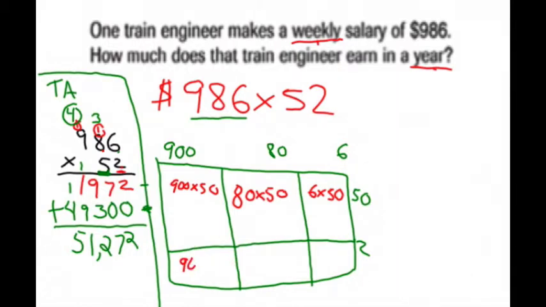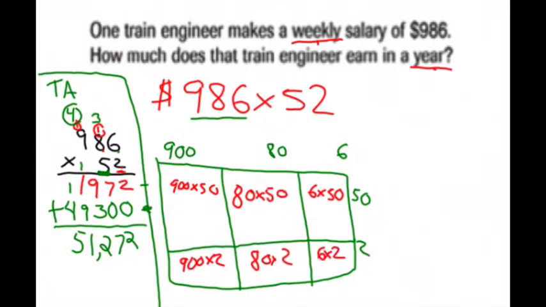So 900 times 2. Above this one, does anyone want to help me here? Above, what do I have above? 80. What do I have to the side? 2. Good. So I've got 80 times 2 goes in here. What do I have above the last one? 6. What do I have to the side of the last one? So I have 6 times 2. 80 times 6. Nope, you're right. Yep. See? 80 times 2, and then 6 times 2.